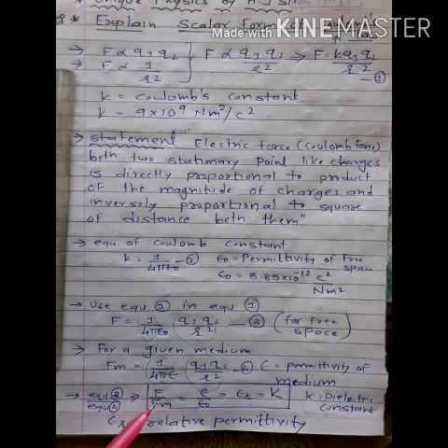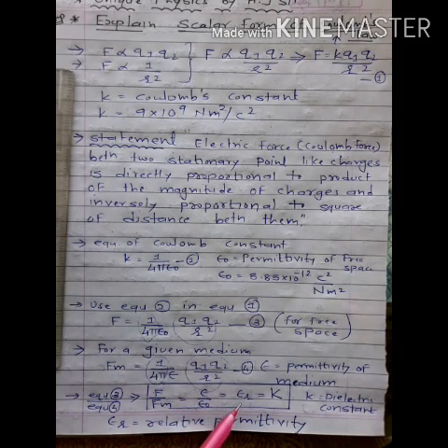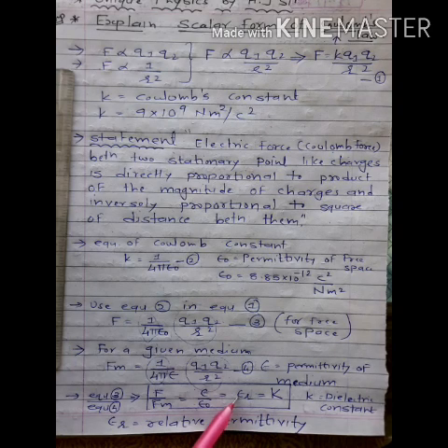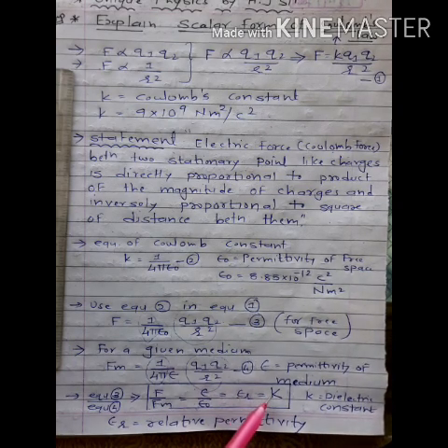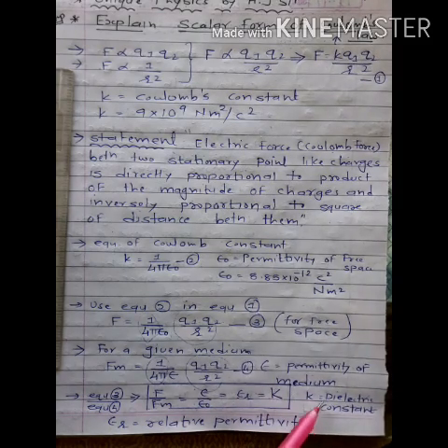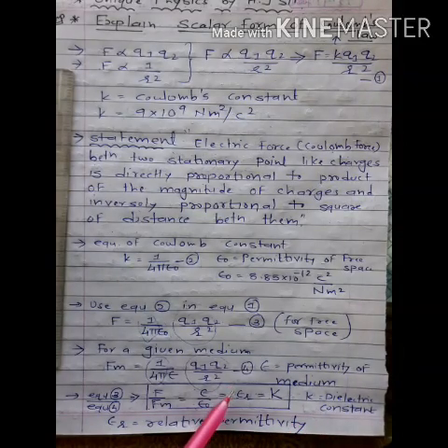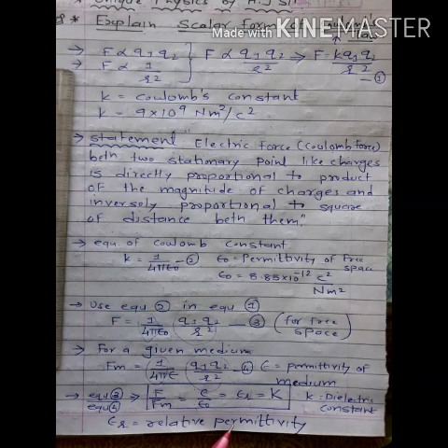Therefore F upon Fm is equals to epsilon upon epsilon 0. This is denoted by epsilon r, and this quantity is also known as capital K. Now what is capital K? Capital K is known as dielectric constant, and epsilon r is known as relative permittivity.